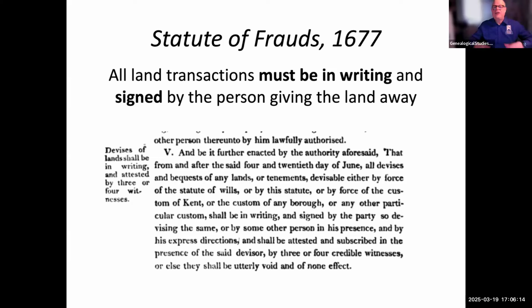That means that as a researcher, if you have ancestors that transacted land, there will be written documents that attest to this fact. And it's the same thing if you're leaving land in a will. It says right there, bequests of any lands. Bequest, that's a legal word for leaving something in an estate. They shall be in writing. That's the actual language in this very old law, and signed by the party.